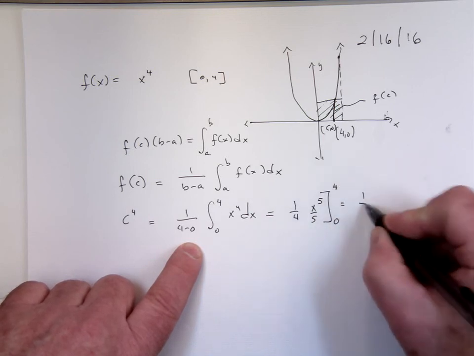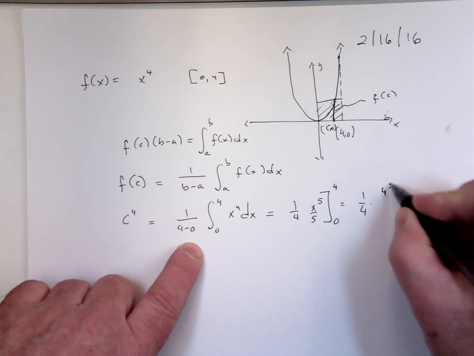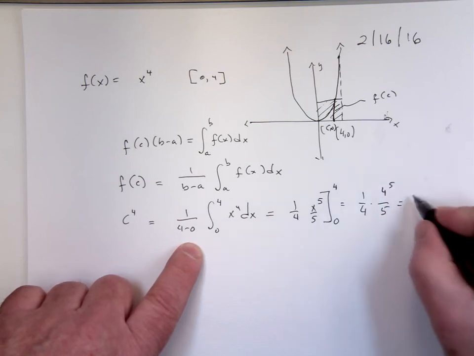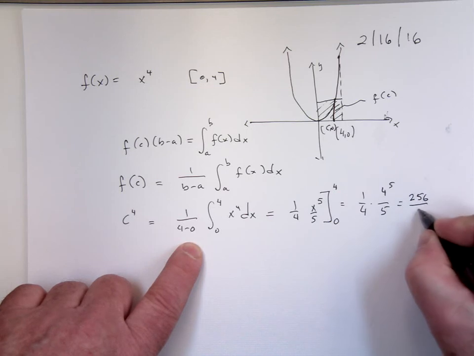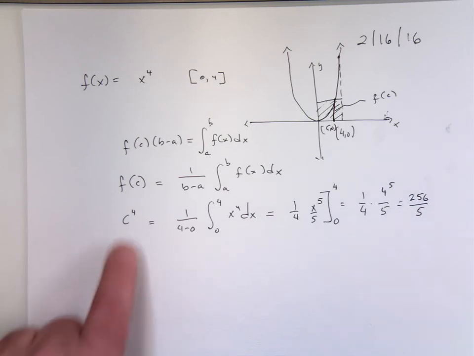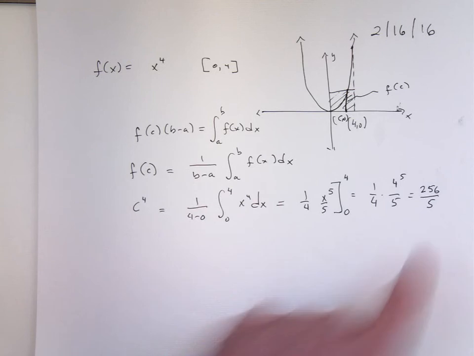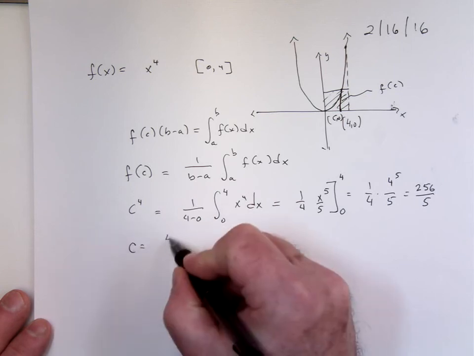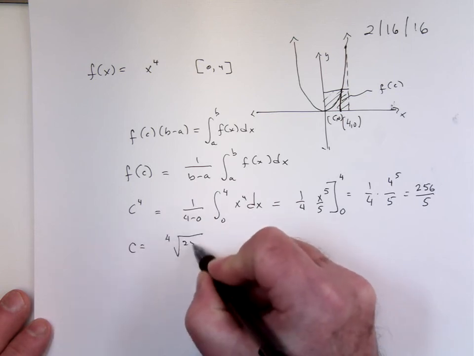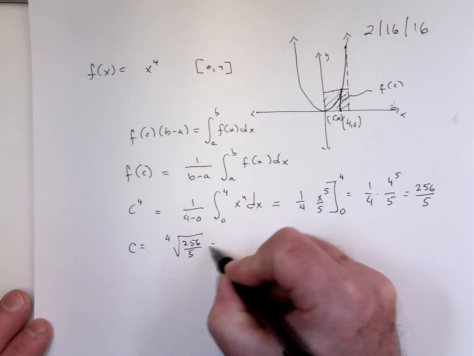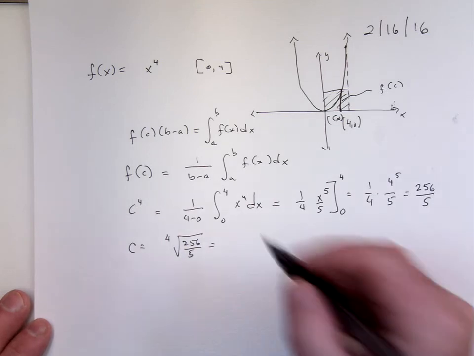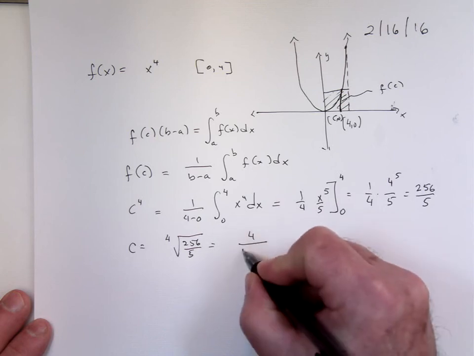That's 1/4 times 4 to the fifth over 5, that's 256 over 5. We're looking for that c value where c to the fourth is equal to 256 over 5. So c is equal to the fourth root of that, and the fourth root of 256 is 4 over the fourth root of 5.